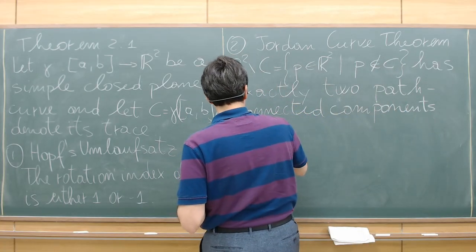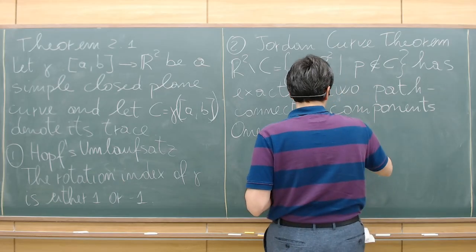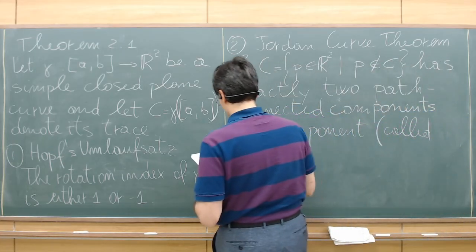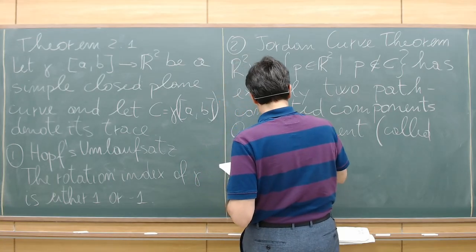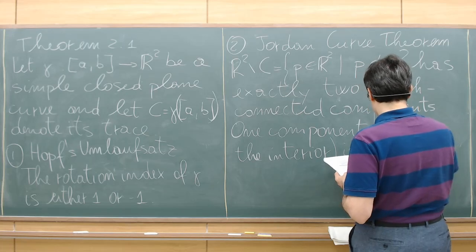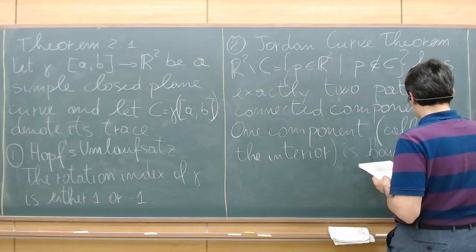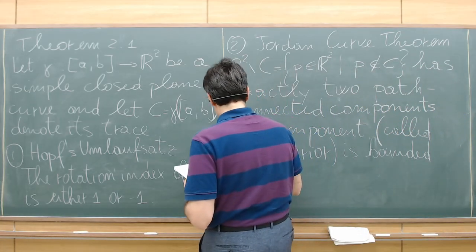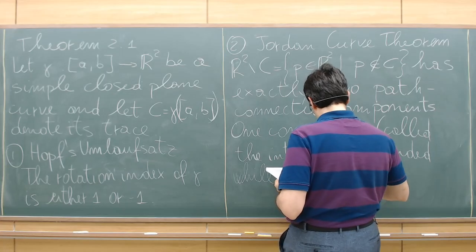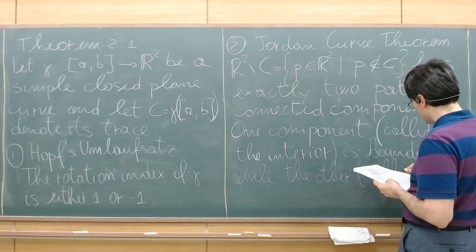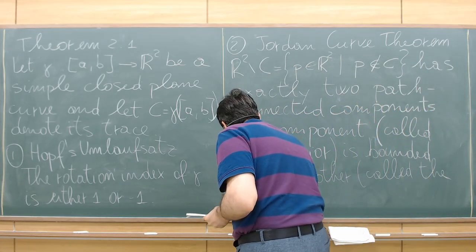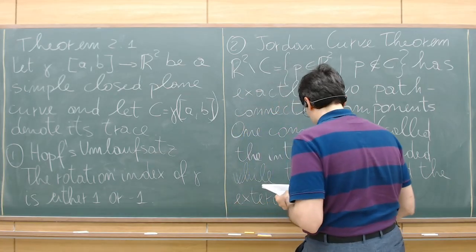One component, called the interior, is bounded, while the other, called the exterior, is unbounded.